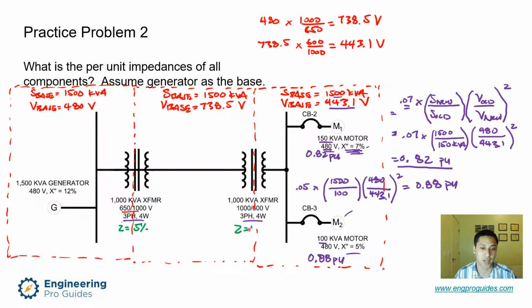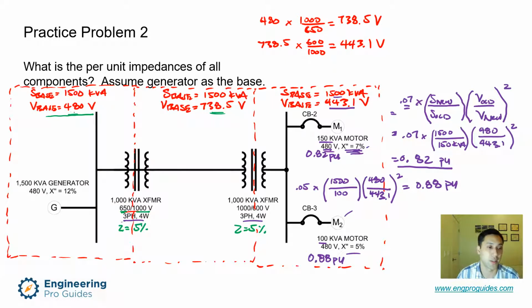And I just wanted to clarify because sometimes people get confused about which voltage base I am supposed to use. And the answer is that you just have to be consistent. So if I'm using this voltage base 480, the new one, then I have to use my 650 here. And if I'm using 738 for this transformer, then I have to use 1000.